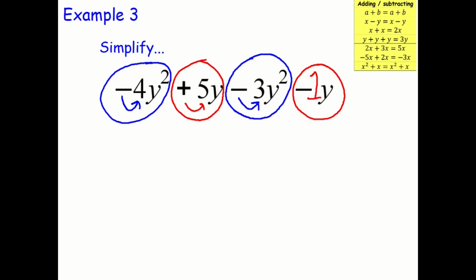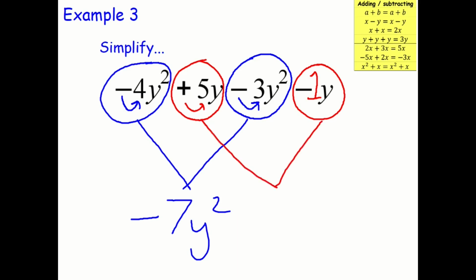Okay, so now that I've identified my like terms, I can now collect them. So I've got -4, -3, and if you think about your number line, -4, -3 takes you to -7 on the number line. And if I go to the reds now, the y terms, I've got +5, -1. Well, if I've got +5, -1, I'm still left in the positives. Hence, I'm putting a positive sign here. And I'm left at 4y.